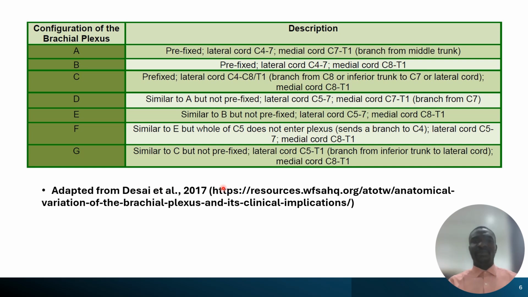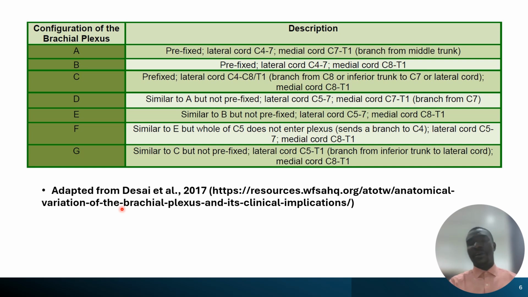Okay, this is a table to show a summation of the entire possible configurations that may be found across different human beings, based on a study by Desai et al. 2017. You can appreciate the fact that the first 3, configurations A, B, and C, are basically prefixed.